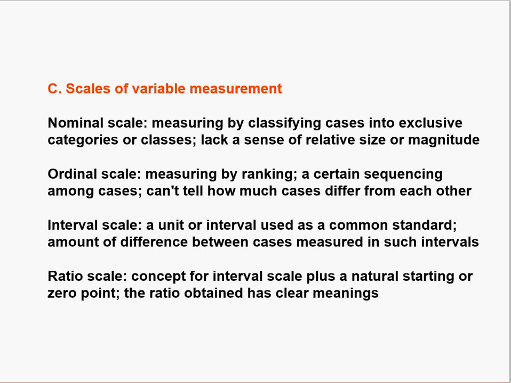So 0 does not mean the absence of attribute, such as latitude and direction. If the answer is no, then we know that this variable has an interval scale of measurement.